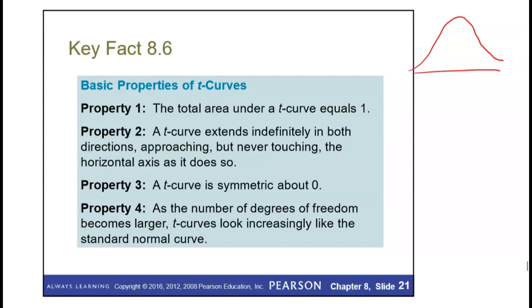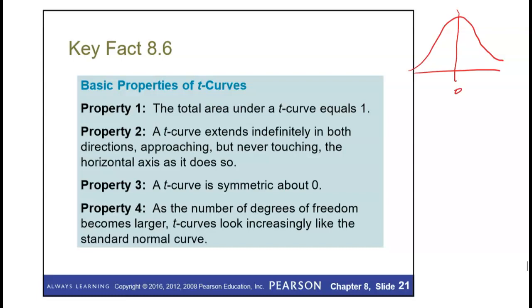First of all, it's very much the same in that the area under it is equal to 1, so you can use the idea of symmetry, and if you know part of an area, you can subtract from 1 to get the other part. It extends infinitely on both sides, approaching but never touching the horizontal x-axis. It is symmetric around 0, just like our normal distribution.